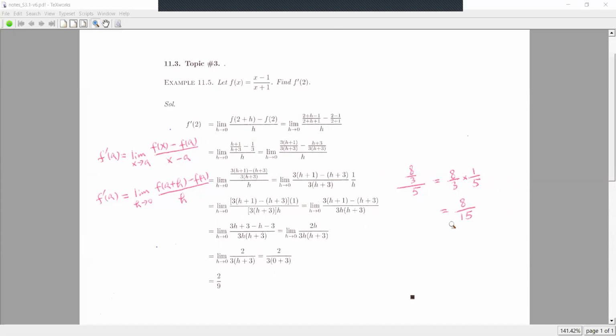Here is one example: 8 over 3, this fraction divided by 5. I can write this number as the fraction times 1 over 5. It is 8 over 15. You can check with your calculator: compute this number, then compute this number, and see whether or not they are equal.